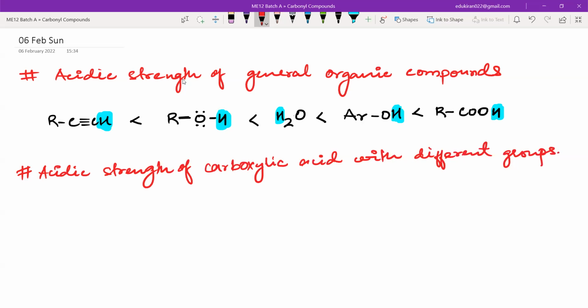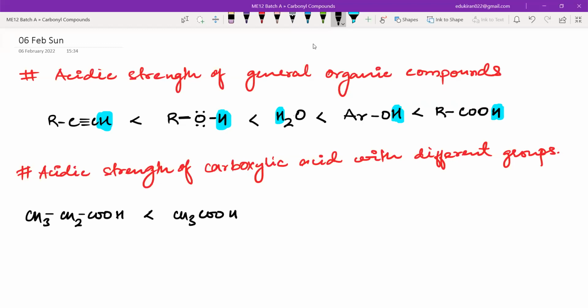Okay, we are attaching different groups here. So the least acidic will be something that is electron donating. So I will say that CH3CH2COOH will be least. And then if you have hydrogen attached, that is CH3COOH, this will be more acidic than the CH3CH2.